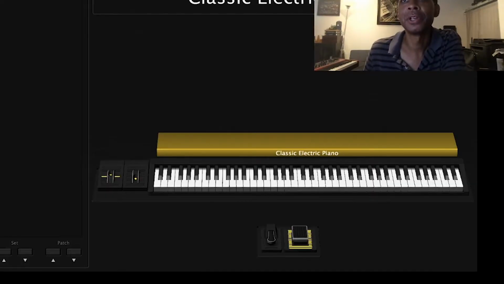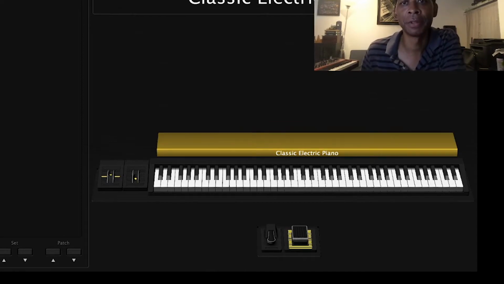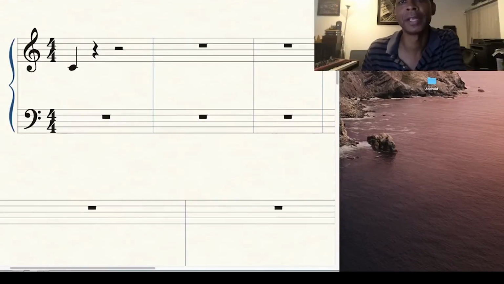If I play that C, that is middle C. That is in the very center of the piano. Any piano that you might sit at, if it has 88 keys, that's going to be middle C. Middle C is always in between the treble clef and the bass clef.